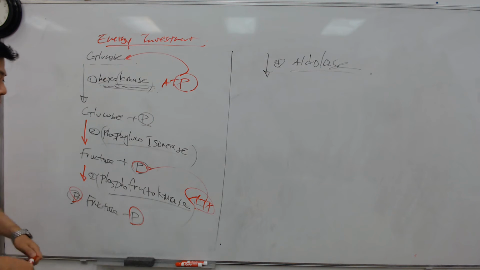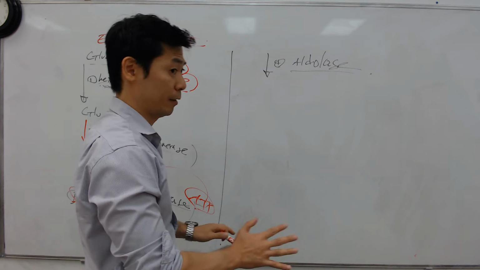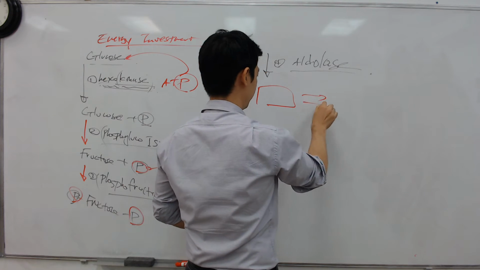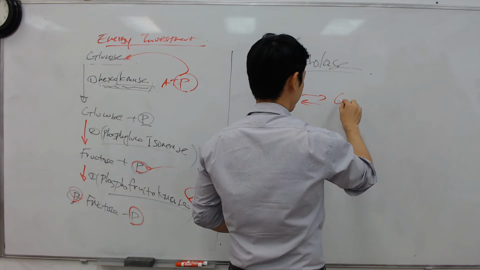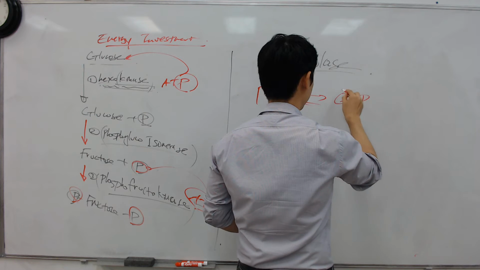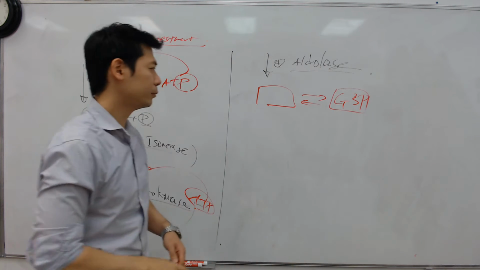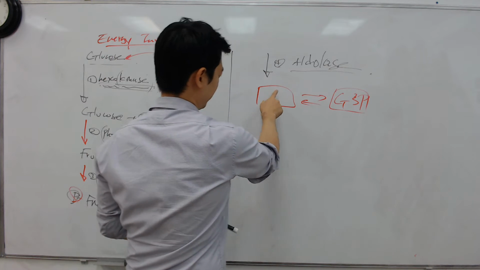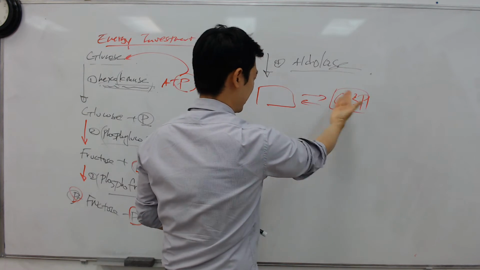Fructose is a 6 carbon molecule, but aldolase splits it in half. So now you get 2 products. I forgot what one of them is, but they're isomers of each other. One is called G3P, and this is very important.